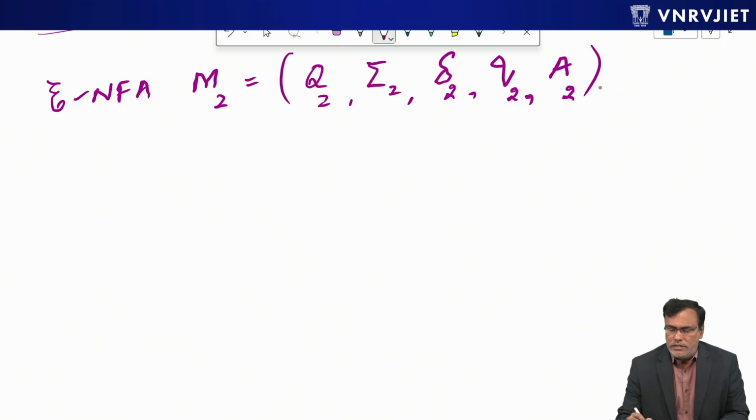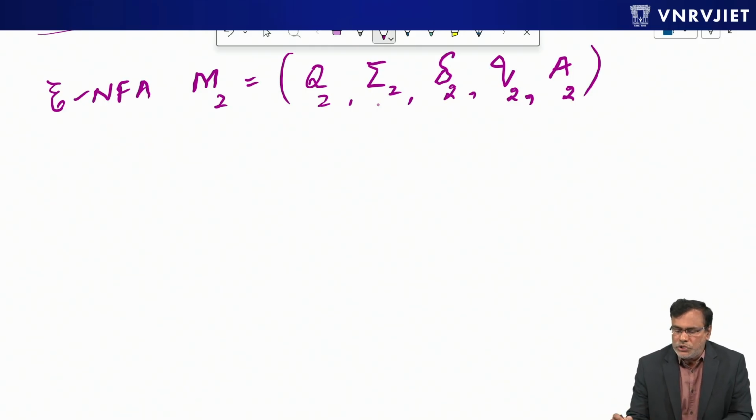In epsilon NFA, you will have transitions on epsilon. Therefore, sigma 1, that is the input alphabet of this epsilon NFA, is equal to sigma 2 union epsilon. That epsilon will be extra here in epsilon NFA. Otherwise, sigma 2 union epsilon is equal to sigma 1. Sigma 2 is the input alphabet of NFA.